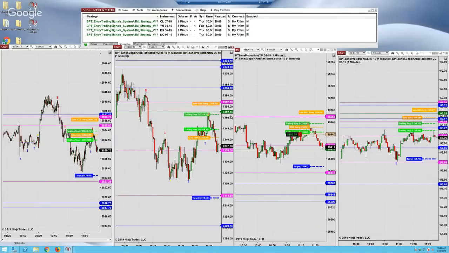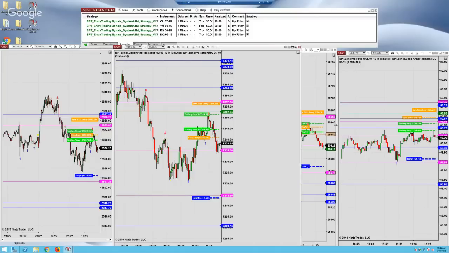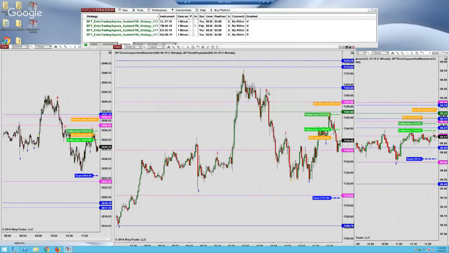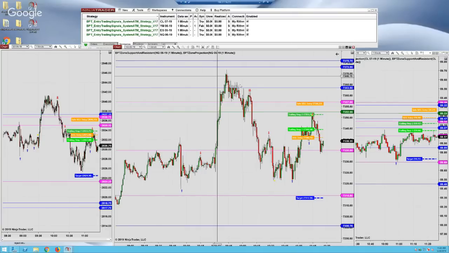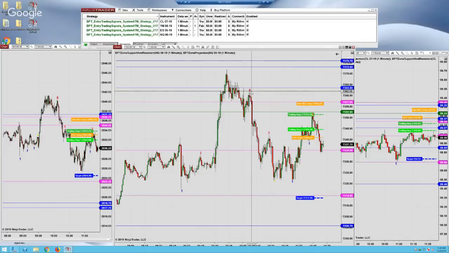On that one here, we have the calculation for the zones, and we have those arrows. If you notice, those come in your zone. And those are not a repaint, but they need a confirmation. So they come in on the second bar or the third bar, usually, depending on how fast the market is.